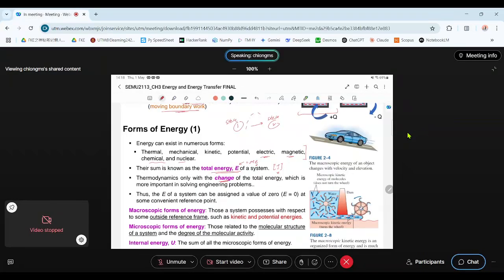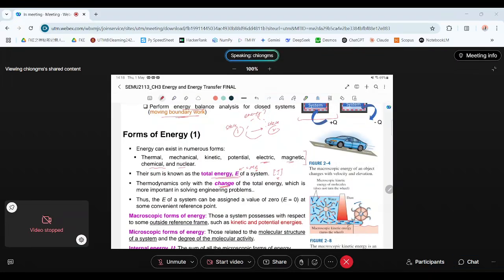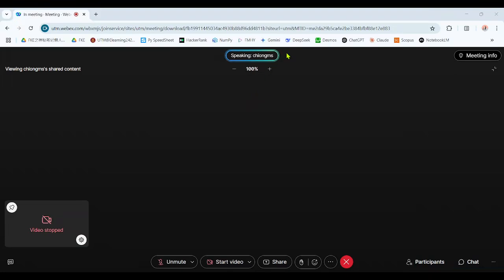So it's the changes in between, how much energy is involved, that interests us more. So when it comes to energy, we're talking mostly about the changes, and that is why we talk about energy and energy transfer, because the process of transferring is what causes the state change from one to another.